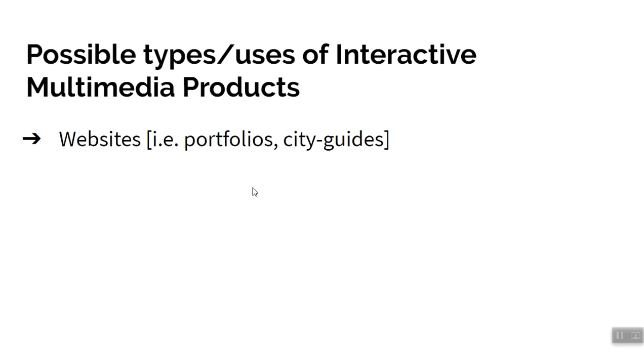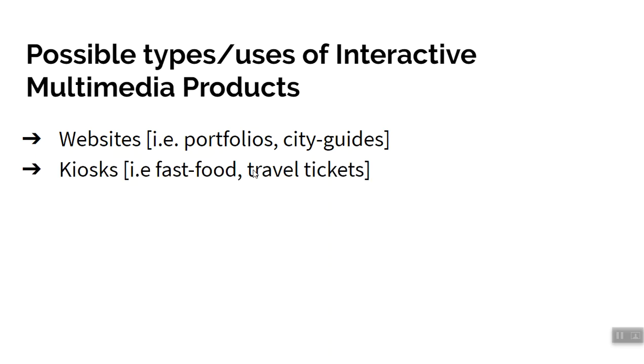You might think about websites, so those might be things like portfolios. An artist might have a website that acts as a portfolio for their work. City guides: big cities might have interactive websites that act as a guide for you to plan a visit there. Kiosks might be something you've come across.